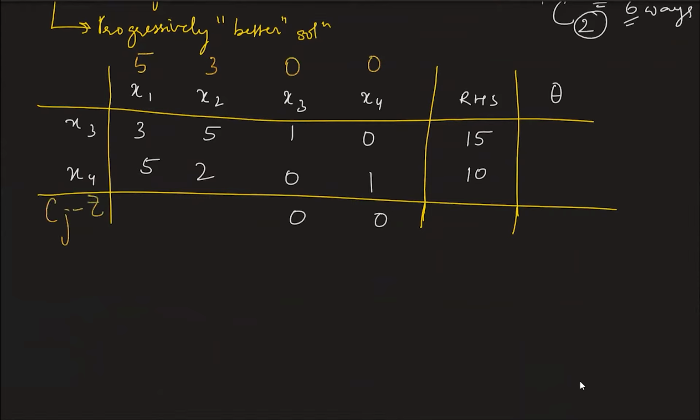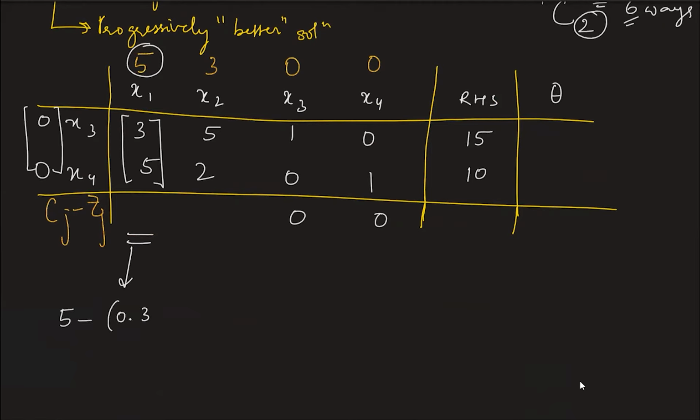We have something called Cj minus Zj, which is this value minus the dot product of this vector and the corresponding vector. So this value here would be 5 minus 0 into 3 plus 0 into 5.